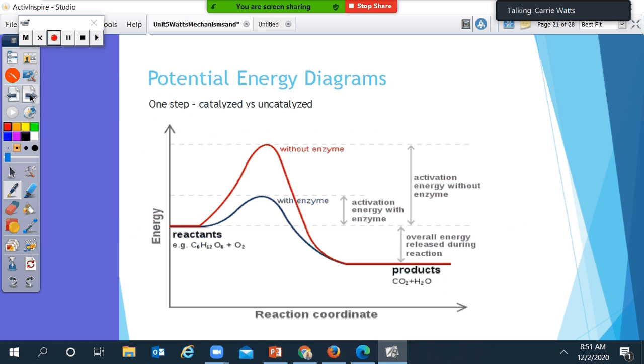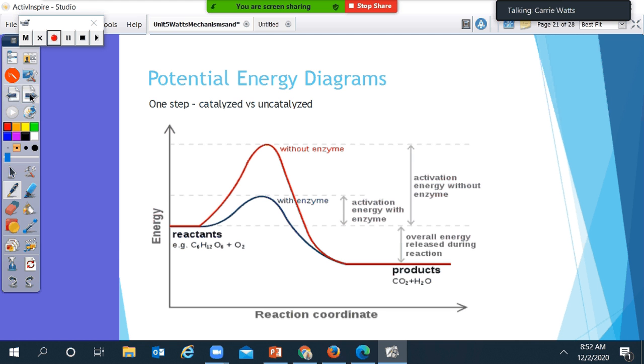Now here is a potential energy diagram that's catalyzed and uncatalyzed. It's just a one-stepper. An enzyme, which you probably learned about in biology, is a type of catalyst. I don't know a lot about enzymes except they're catalysts.